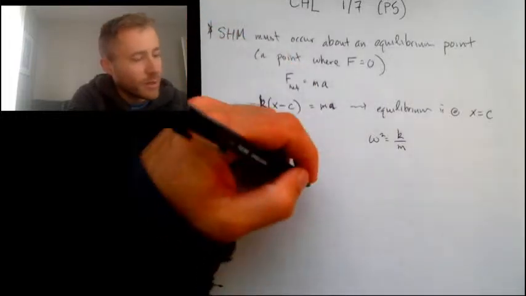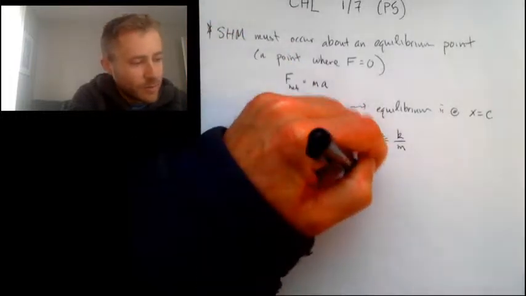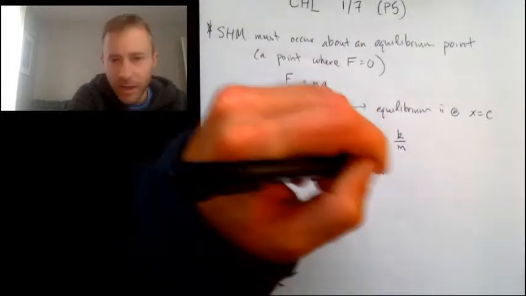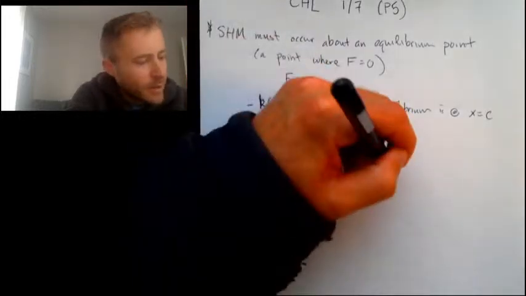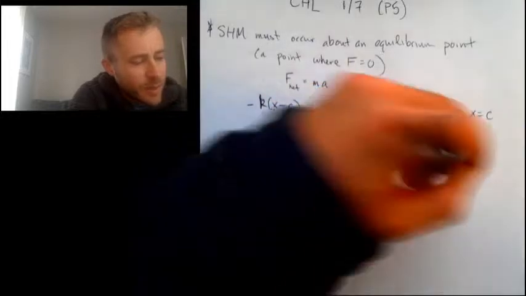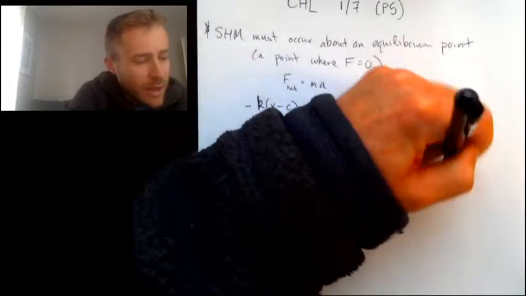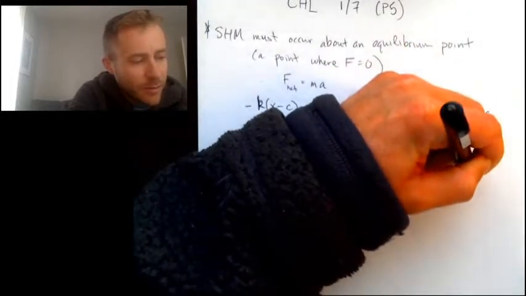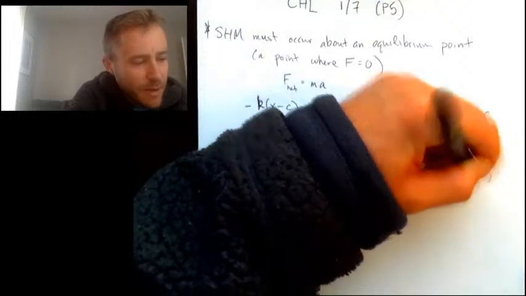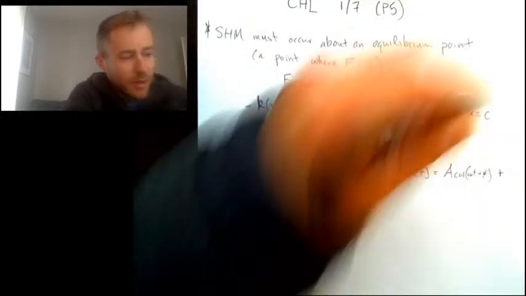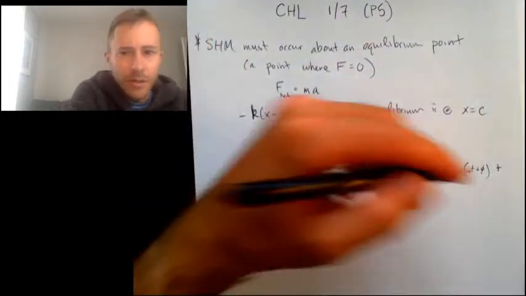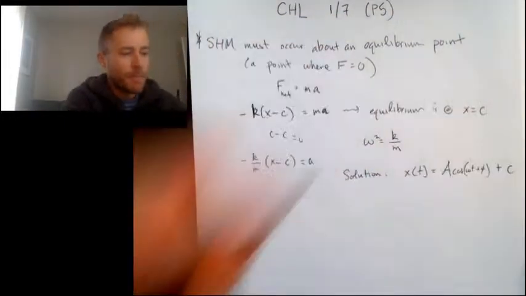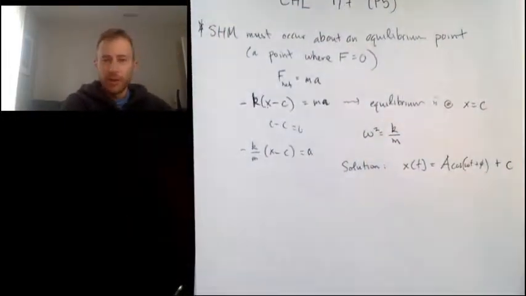So our solution in this case is going to be x of t equals a cosine of omega t plus phi, but then we have to add in the constant.